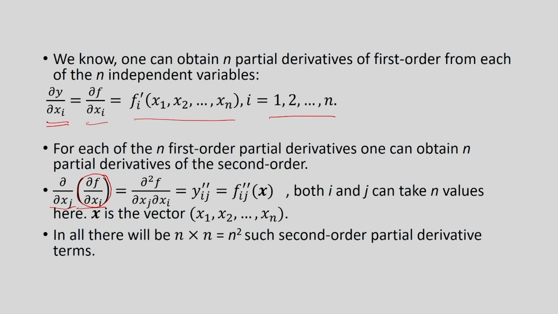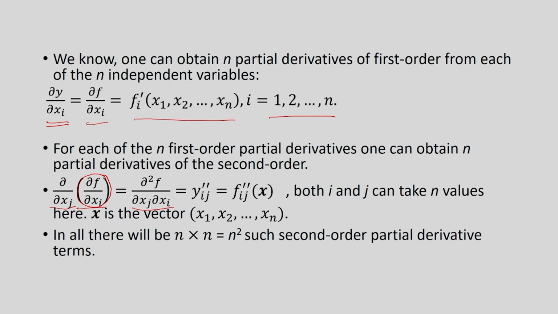So, two partial derivatives have been taken, first with respect to xi and then with respect to xj. Mind you, i could be equal to j also, but it is not necessary that i is equal to j. i and j are any two arbitrary numbers less than or equal to n.